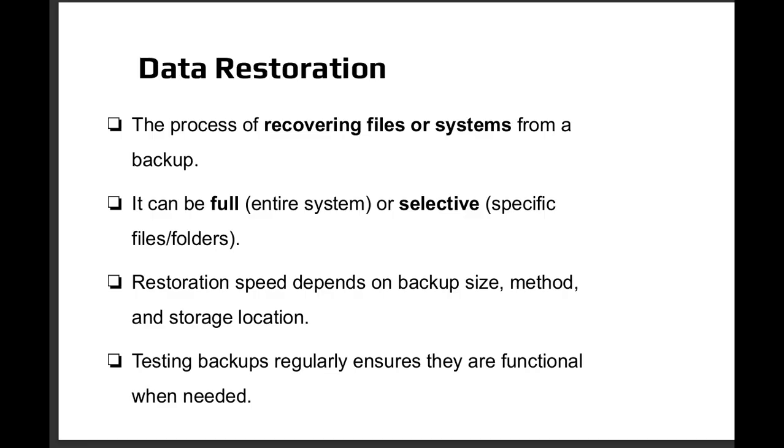Your restoration speed will depend on the size of the backup, its storage location, on premises or cloud, and the method for restoration. We should perform regular tests of our backups. We want to ensure that we have proper processes in place so that when we have certain disruptions to access of our data, we can implement our data recovery plans and disaster recovery plans quickly.